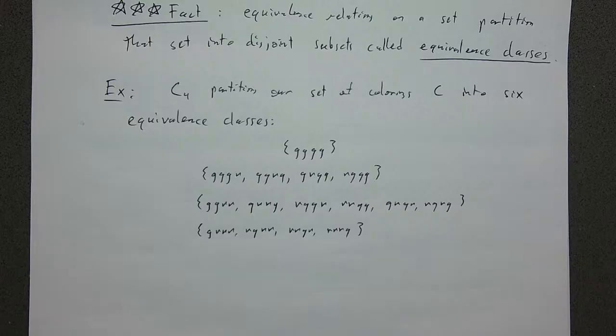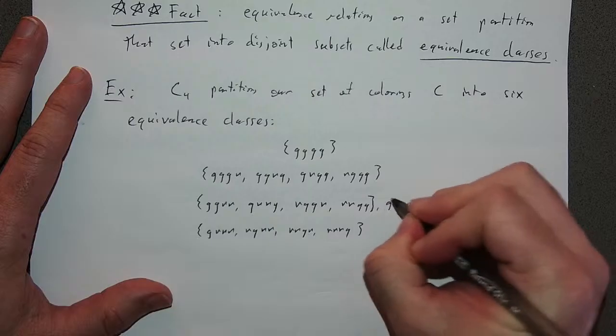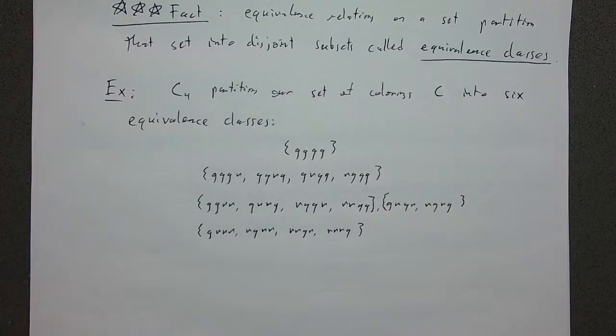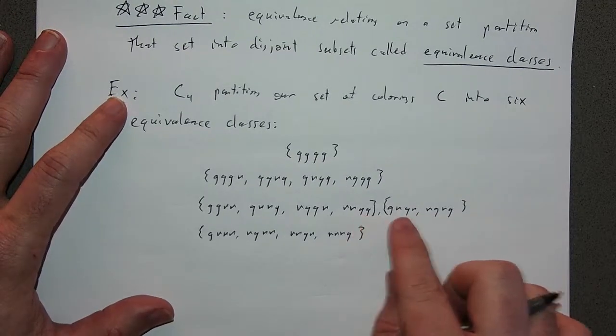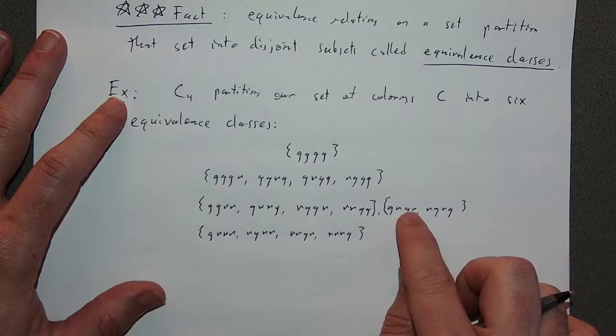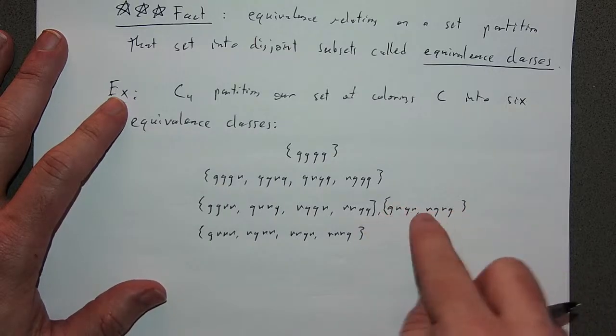Oh, what am I doing here? Hold on. These 2 are separated. This is a separate class. I included these, but they are not included because notice that any rotation here is just going to repeat this thing.